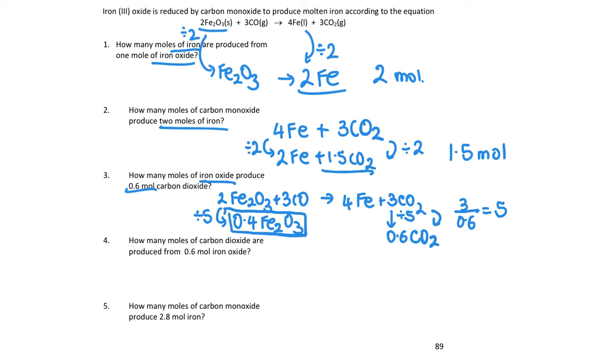Boom. How many moles of carbon dioxide are produced from 0.6 mole of iron oxide? Once again, let me write down the equation. All right, so we have got 0.6 mole here. What is the mole ratio? I'm going to do 2 divided by 0.6. We're dividing, so we have to divide by 3.3333333 to get to 0.6.